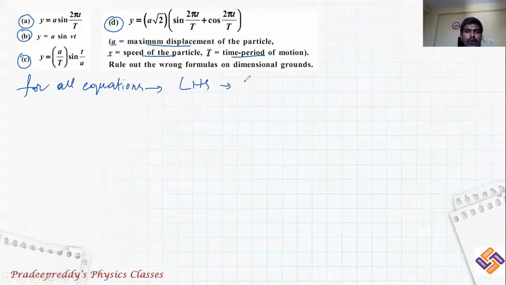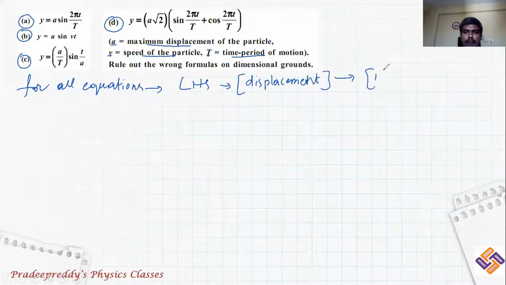Okay. So displacement dimensions you need to write. And what is displacement dimension? Displacement is nothing but length. So left side for all the equations, what do you have dimension? L. L is the dimension on left hand side.